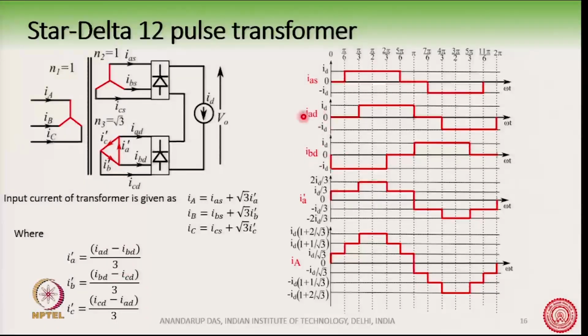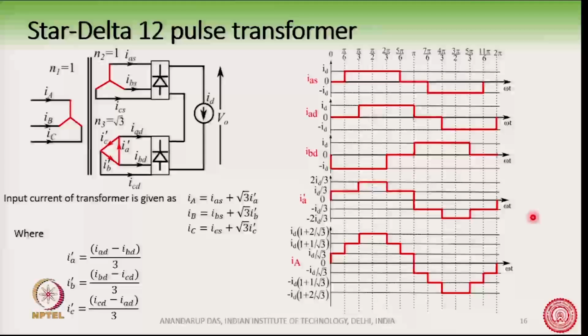So, we get IA dash here, which is something like this. This is the phase current in the delta. So, we have IAS here and we have IA dash here. These two waveforms we have now obtained.